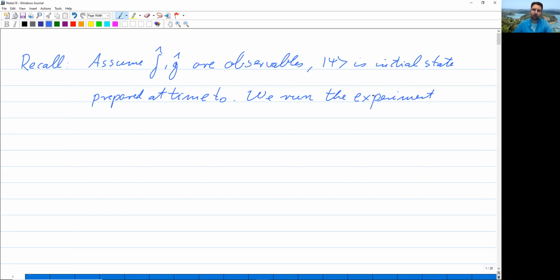Many times. In principle, infinitely many times. So we say we have an ensemble, an ensemble of runs of the experiment.